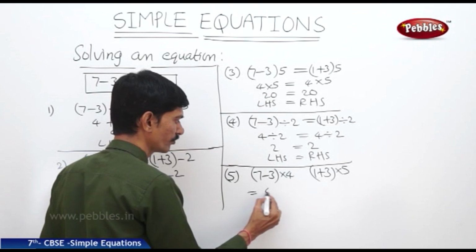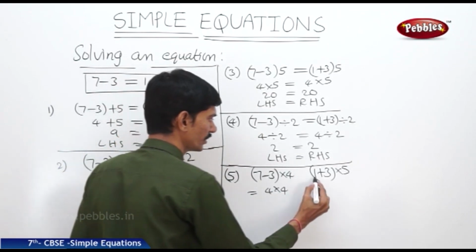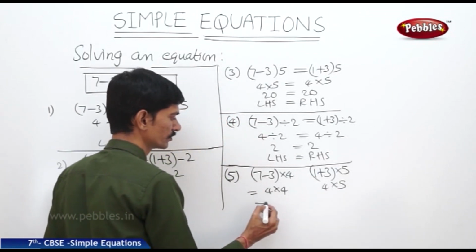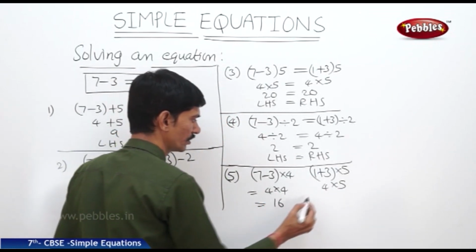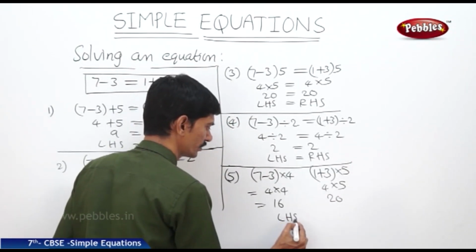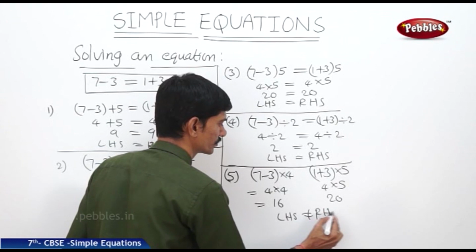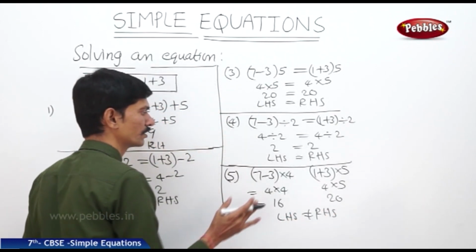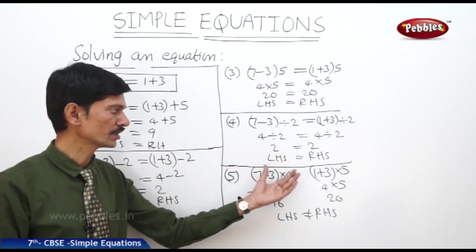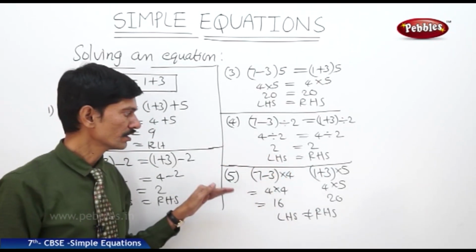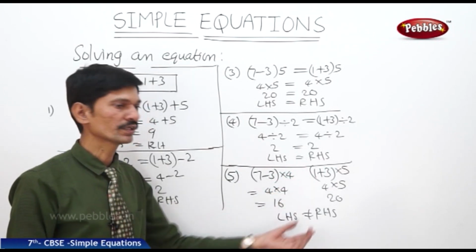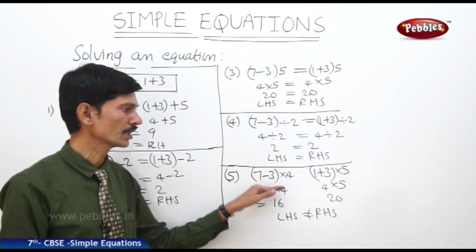So 7 minus 3 is 4 into 4, but here 1 plus 3 is 4 into 5. So this equals 4 fours are 16 and the RHS is 4 fives are 20. Here LHS is not equal to RHS. So when you fail to do the same mathematical operation on both sides of the equation, then the equality does not remain the same, means still the equality does not hold.